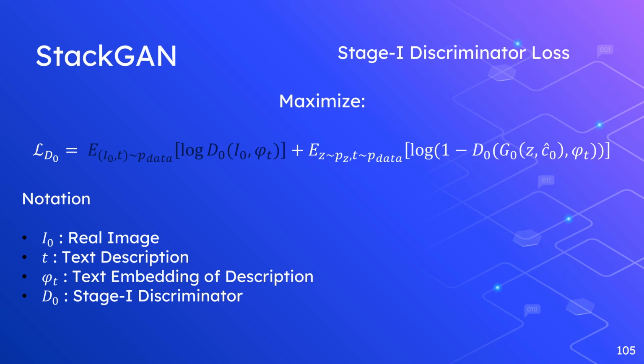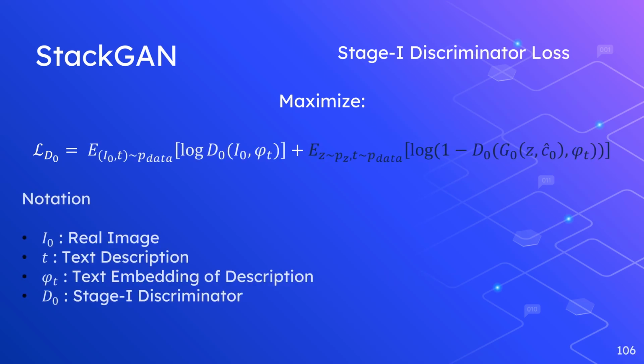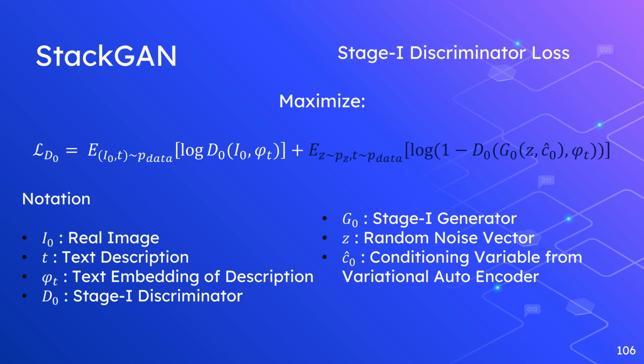The second term checks how well the discriminator can classify generated images, where G sub 0 is the stage 1 generator, z is a random noise variable, and c hat is the conditioned variable, which is the text embedding after it went into the conditioning augmentation layer. We also use phi sub t as a conditioning variable for the discriminator as well. The discriminator tries to maximize this loss.